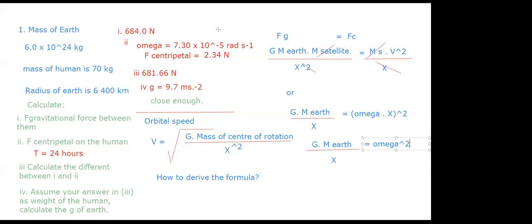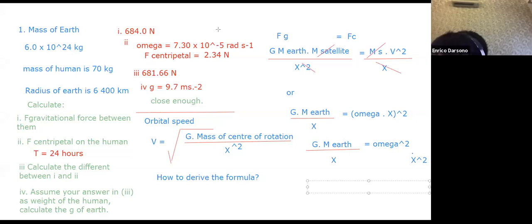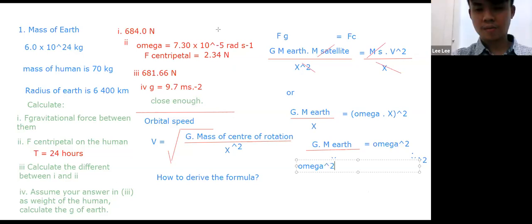So how to do the double ions? The centripetal, do you get omega? The omega, yes sir, I get 7.3. Then continue with the centripetal force formula. What is the centripetal force formula that you use? Omega square times r, sir. Wait, no, that's acceleration. Omega squared times r times the mass of the object. That's to find the force actually.